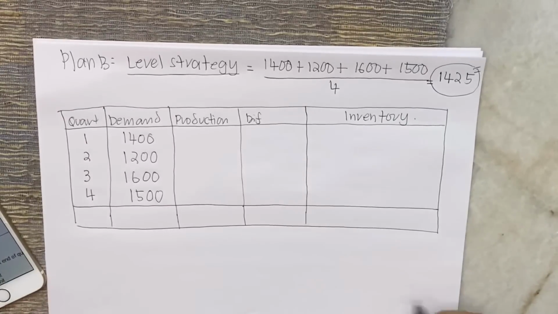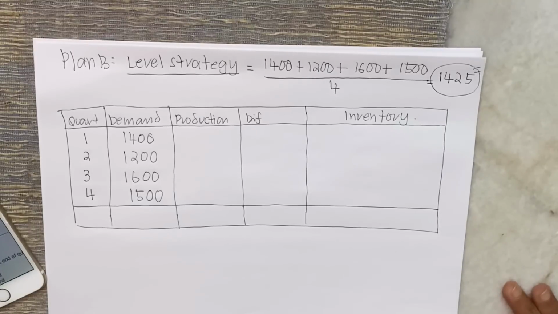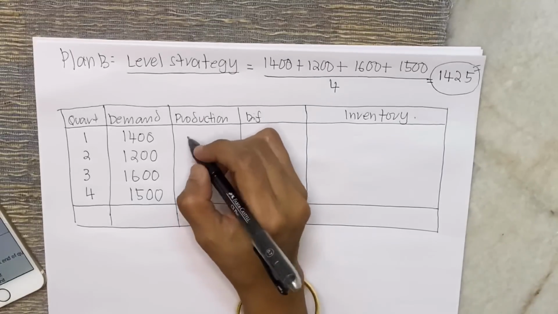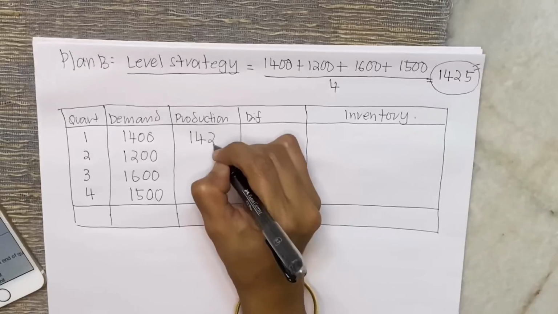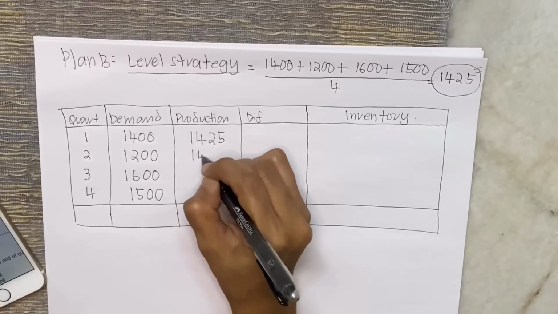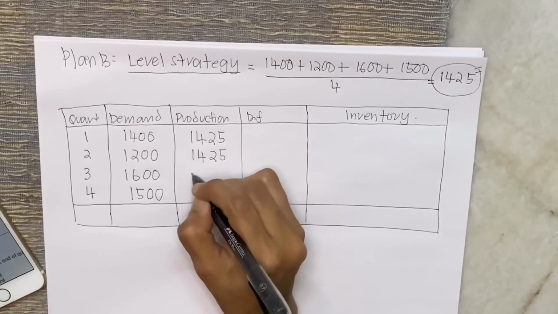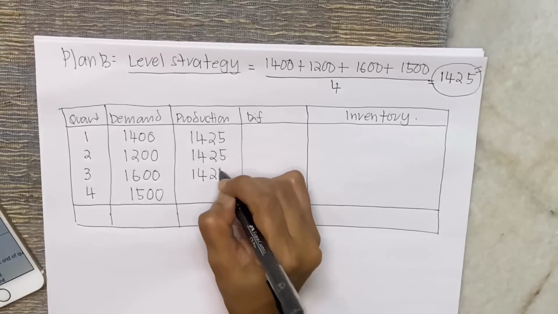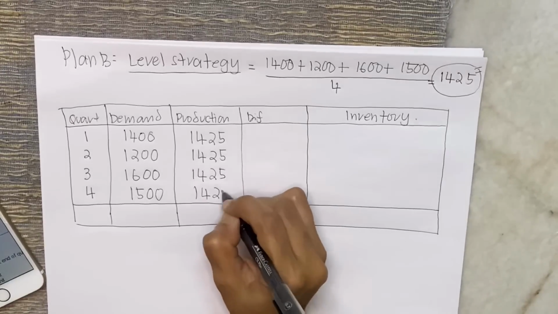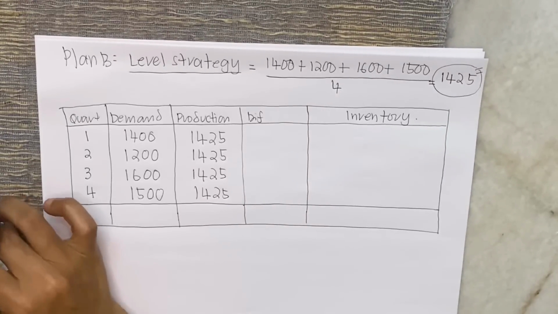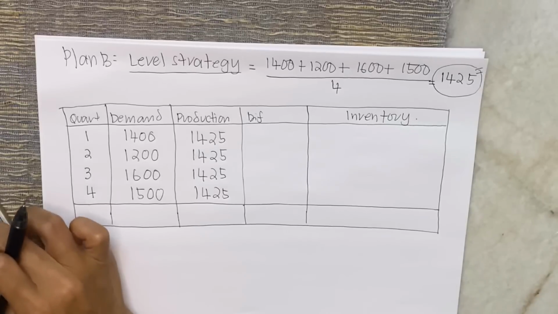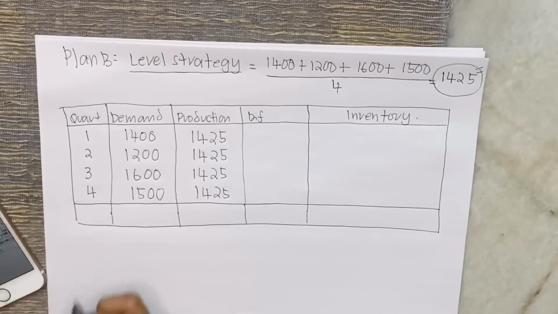So what is the production? The production, we take from the amount that we have calculated just now: 1425 for each quarter. Okay, so now we have the numbers for the demand and the production.